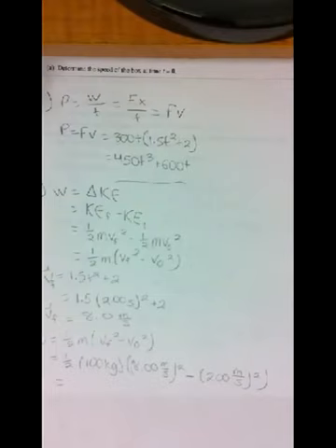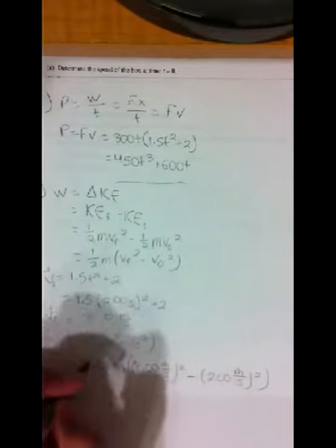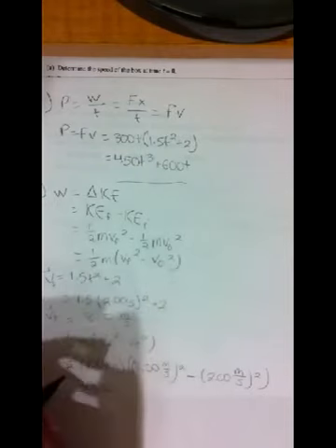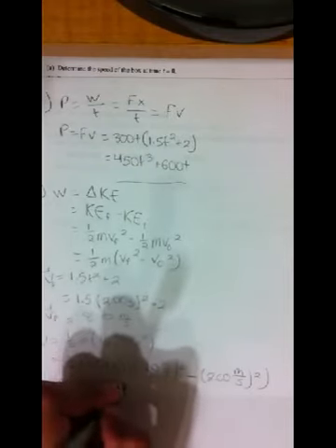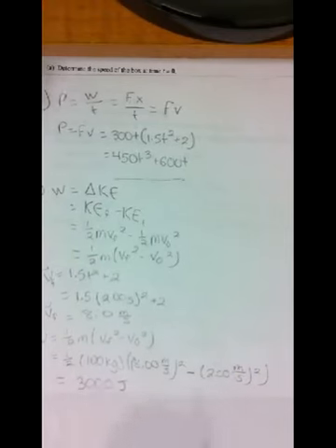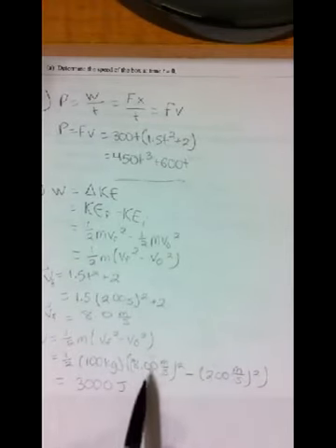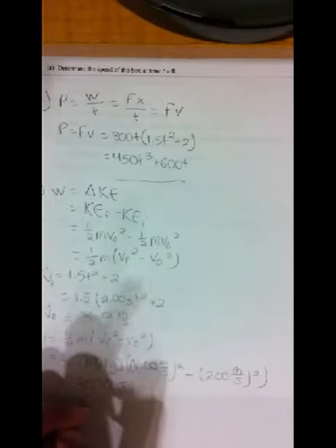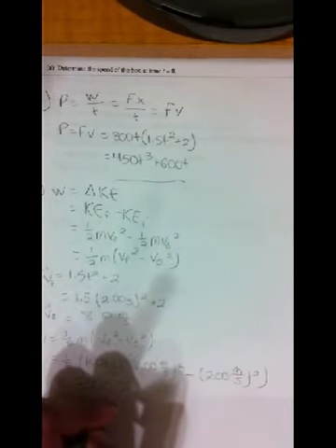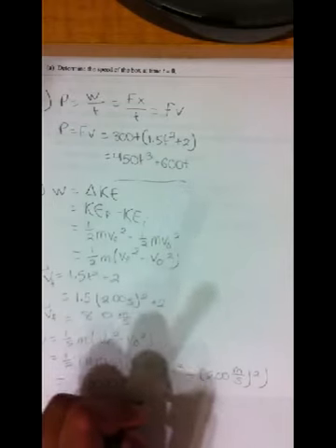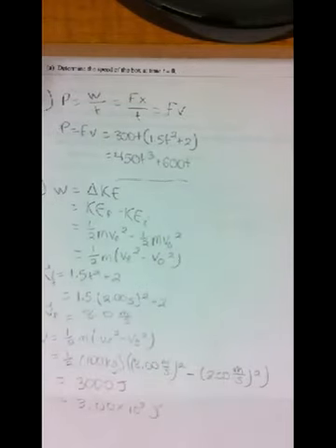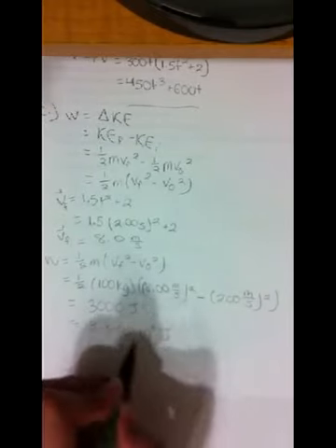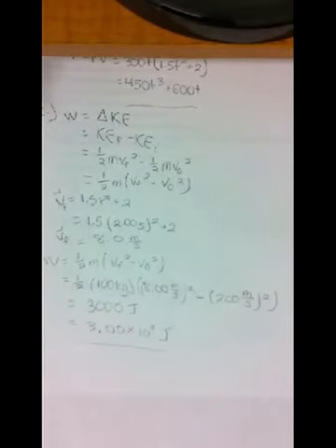Now this all, when you calculate it out, will equal 3,000. And since we're finding work, the correct unit is joules. But if we look at our sig figs, we should have 3 significant figures. So we can write it as 3.00 times 10 to the 3 joules. And this is our answer.